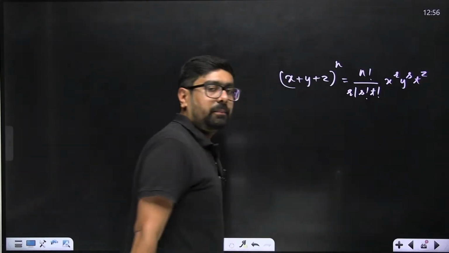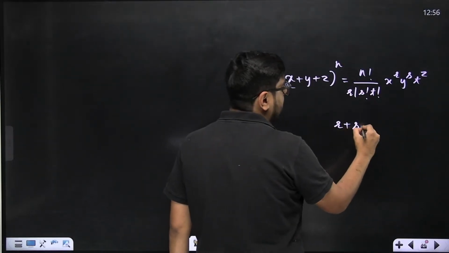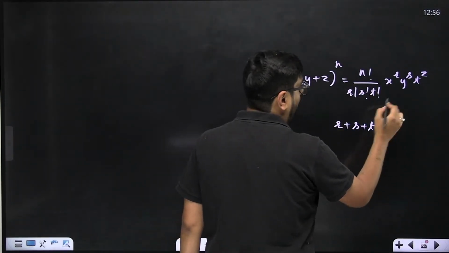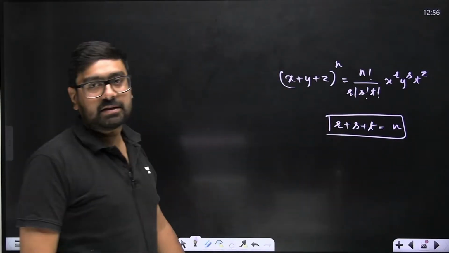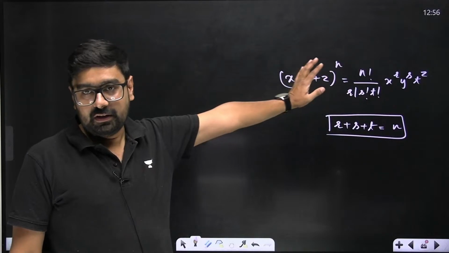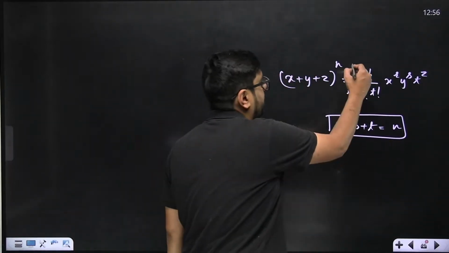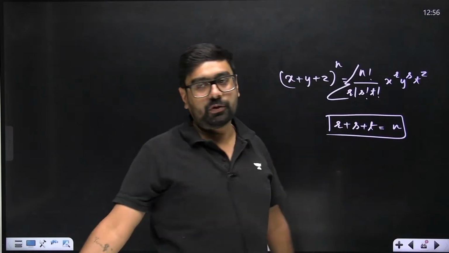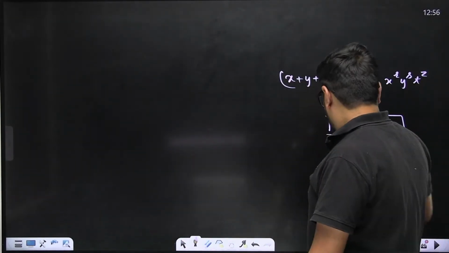This is a simple theorem, where r plus s plus t will always be equal to n. There will be a summation of these; I forgot to put the summation.